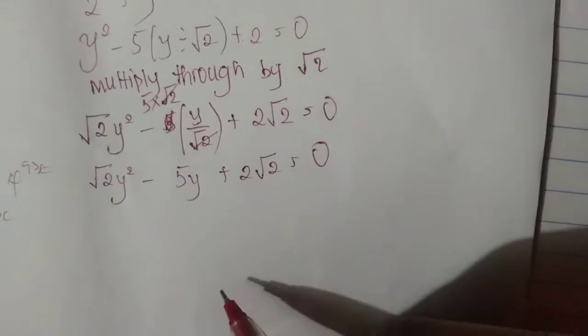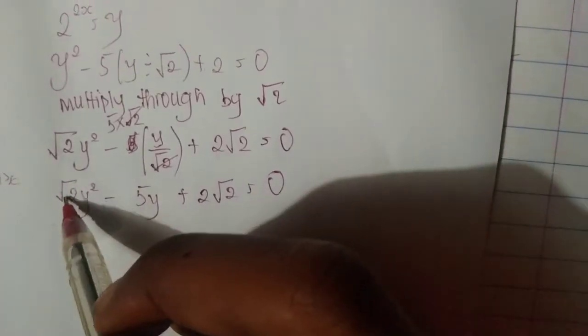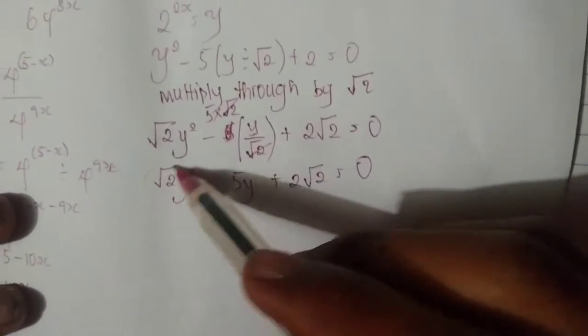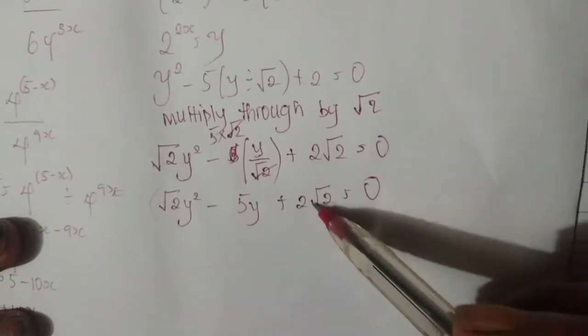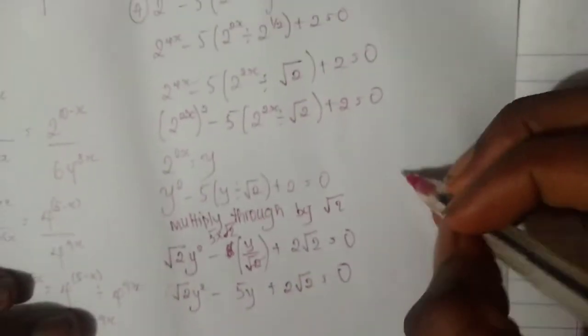So we need to find the factors by multiplying the coefficient of y squared and our constant. Let me do it in our rough work. We have root 2 times 2 root 2.